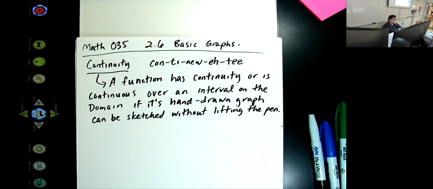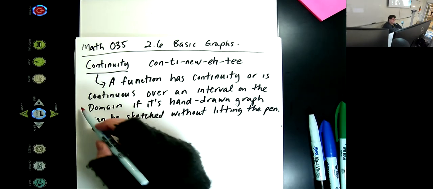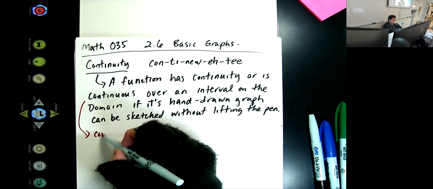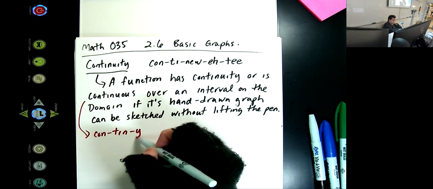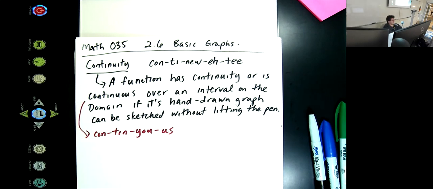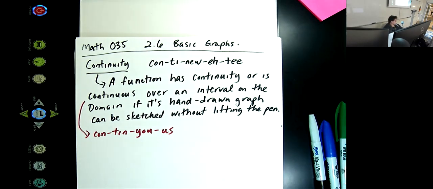Continuous could be a mouthful, same with continuity. Continuous, phonetically.